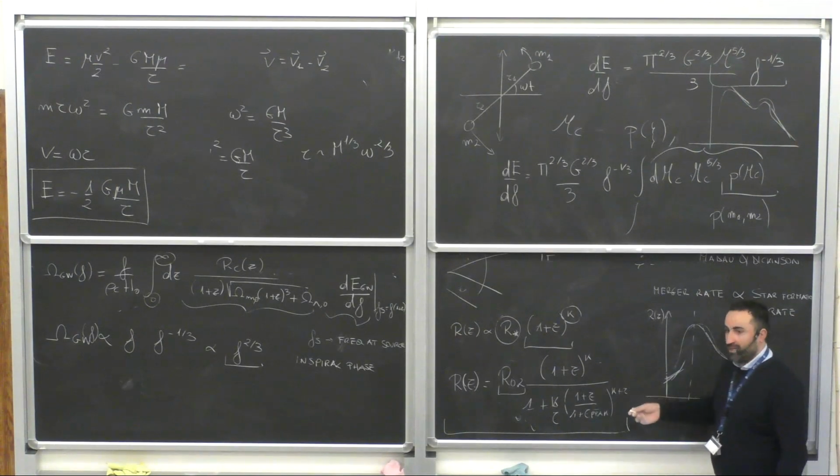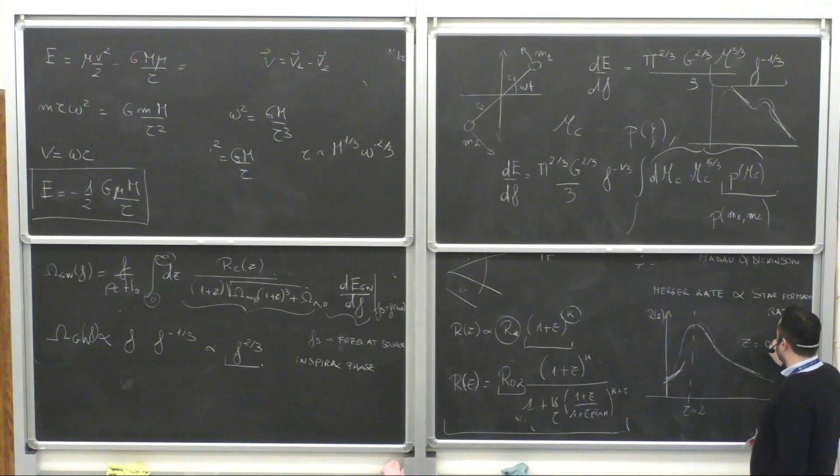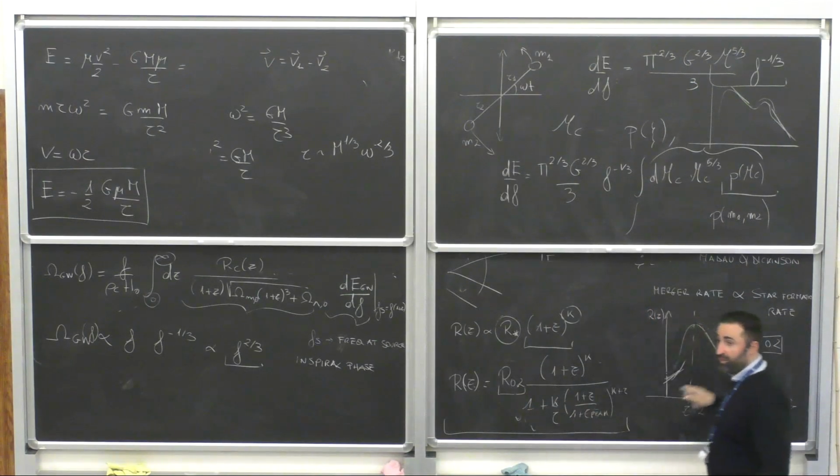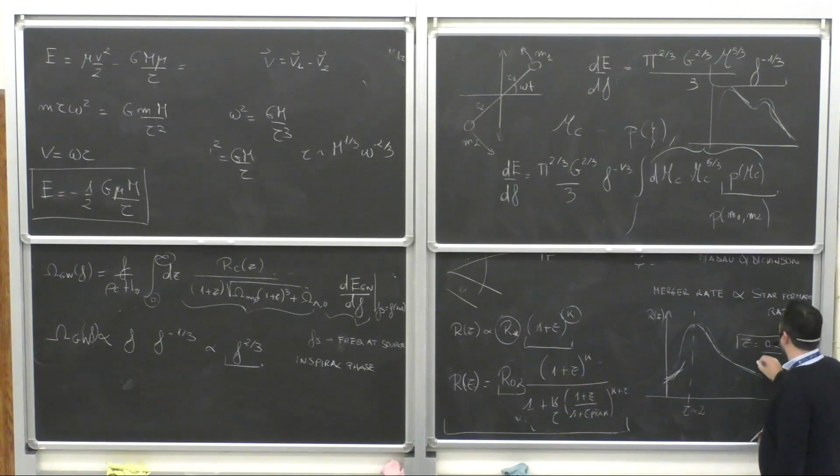So the calibration, the best fit for LIGO Virgo, is given at redshift 0.2, okay? So this is the value of the merger rate at redshift 0.2, that, if I remember right, is around 28 events per gigaparsec cube per year.